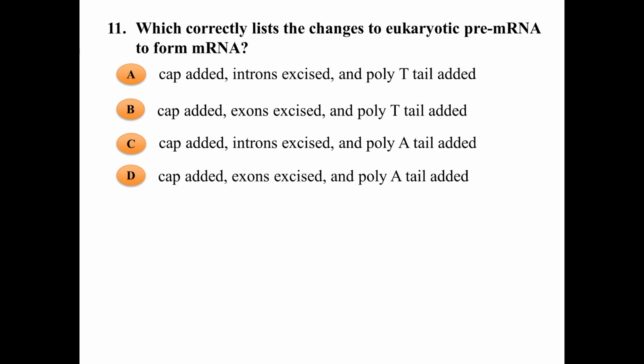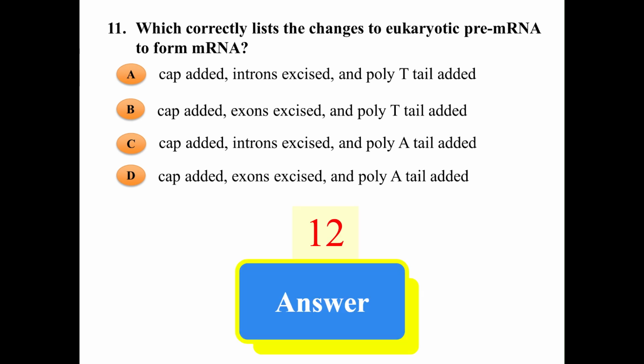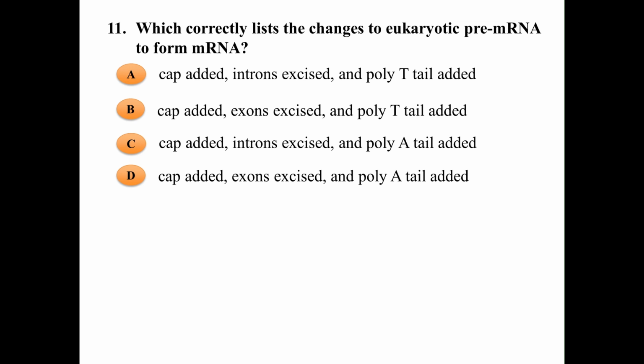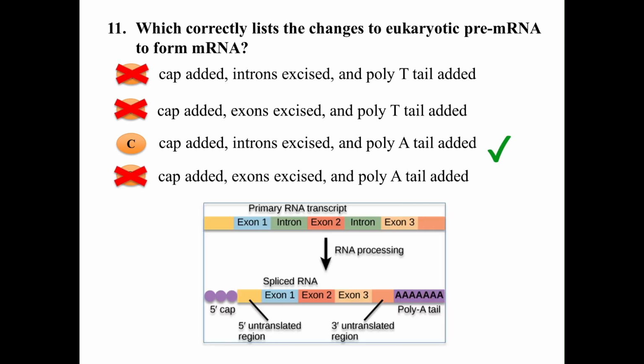Which correctly lists the changes to eukaryotic pre-messenger RNA to form messenger RNA? The correct answer is C.